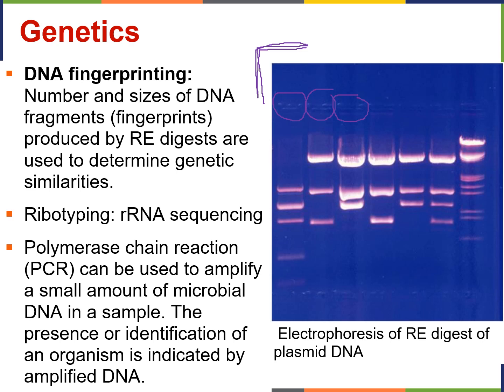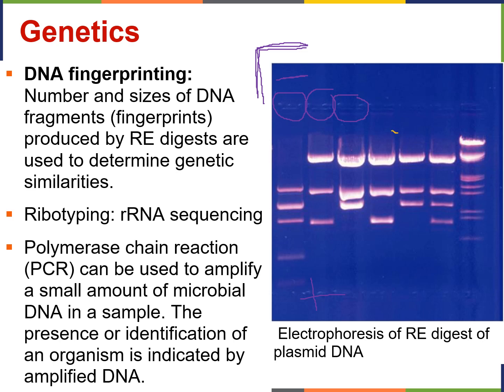And then you plug the machine in, and you turn the machine on. And the machine, electrophoresis, works on current. It's negatively charged up here, it's positively charged down here, and it pulls the DNA down towards the positive charge. And as you see, the DNA starts to separate.